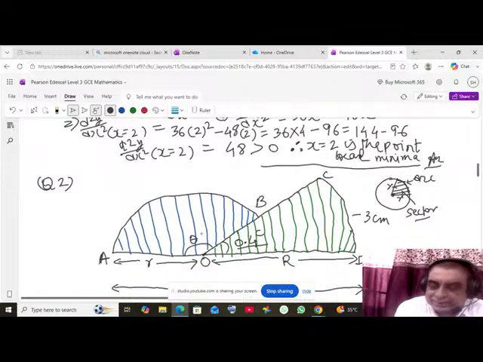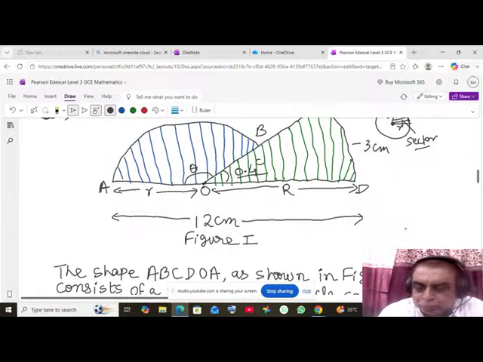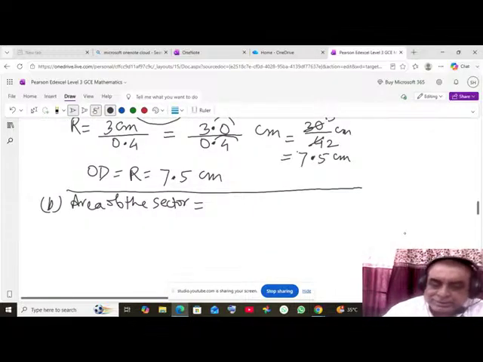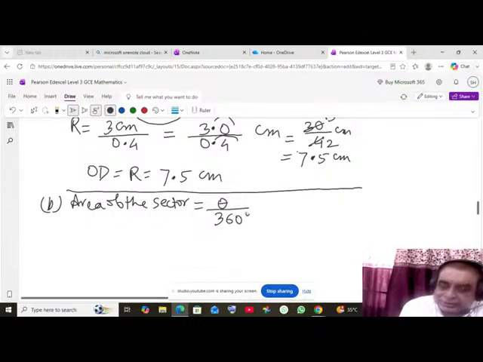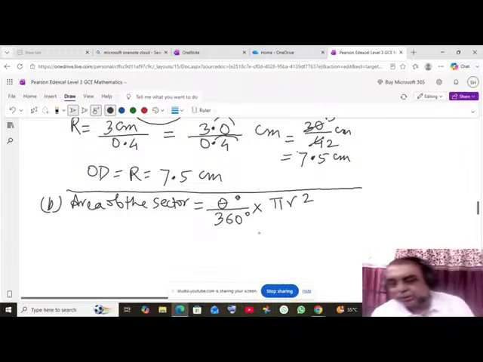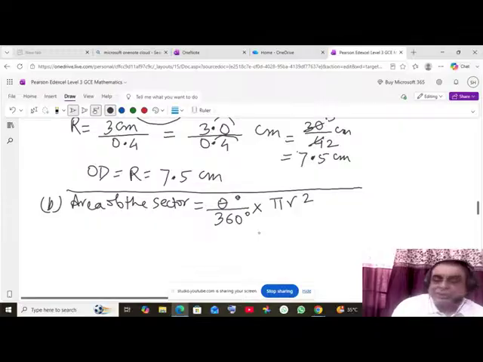Suppose the central angle is theta. The area of the sector is the central angle divided by 360 degree, with the angle in degrees, multiplied by pi r squared. That is the formula for the area of the sector.